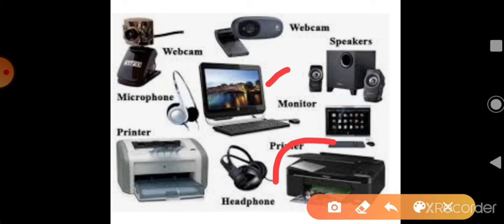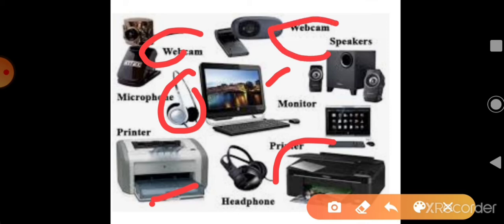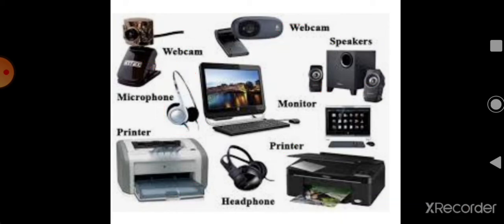Same, laser printer, and headphone is used to give sound. Speaker is used to give sound output. These are all known as output units. The definition for output unit: it is used to give output on a screen or output to the user. For examples, monitor, printer, speaker.